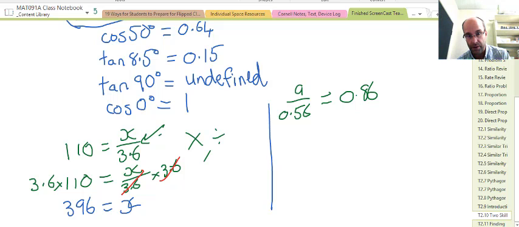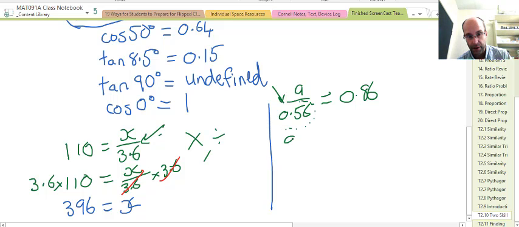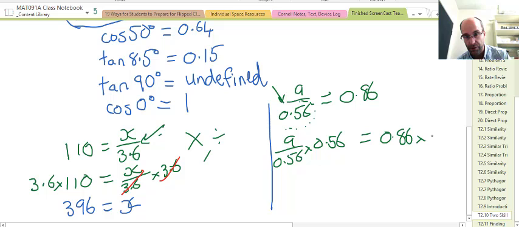What if we have a over 0.56 equals 0.86? Again, we need to multiply both sides by the same thing, and to get rid of that divide there, we need to multiply. So we need to multiply both sides by that. So a over 0.56 times 0.56 equals the 0.86 that's there, also multiplied by 0.56.